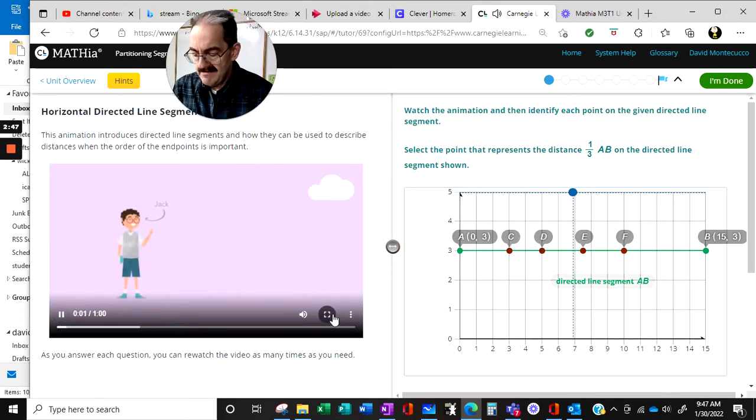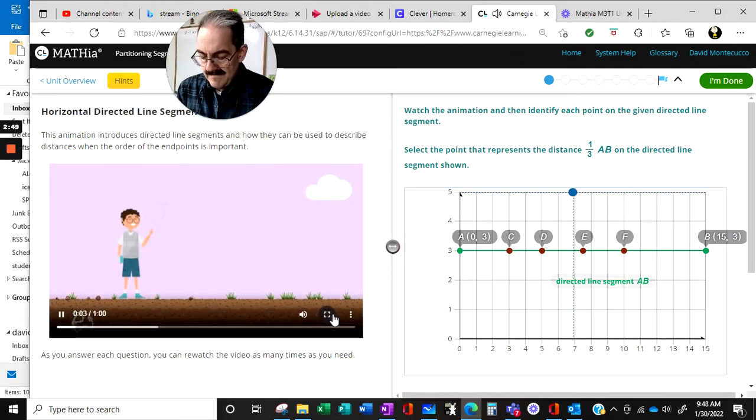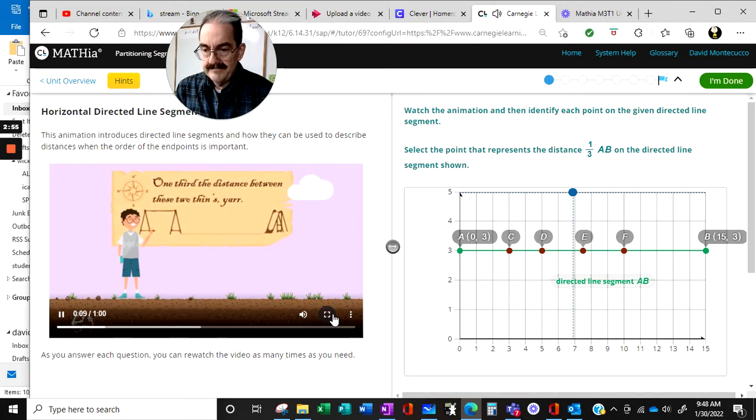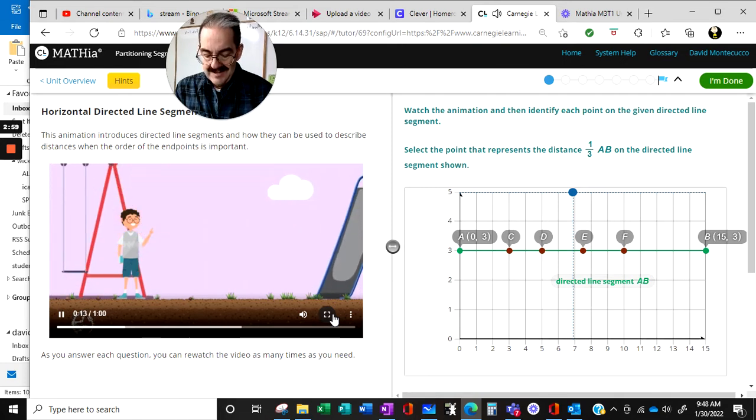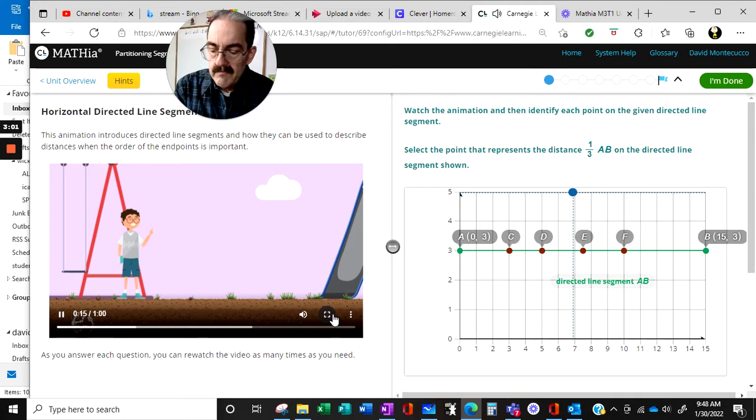Here is Jack. He is on a treasure hunt, looking for buried treasure. The last clue has him stumped, though. The treasure is located between the swings and the slide, 1/3 the distance between the two. But is that 1/3 the distance from the swings, or 1/3 the distance from the slide? These 2 points are actually different.